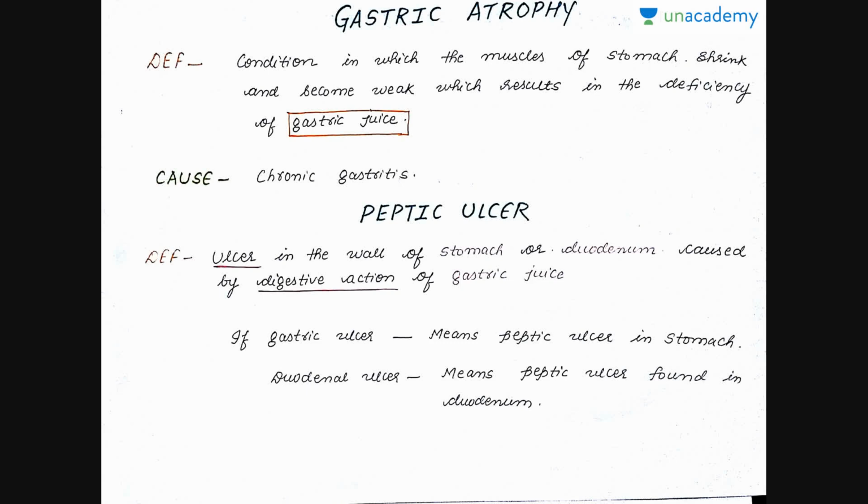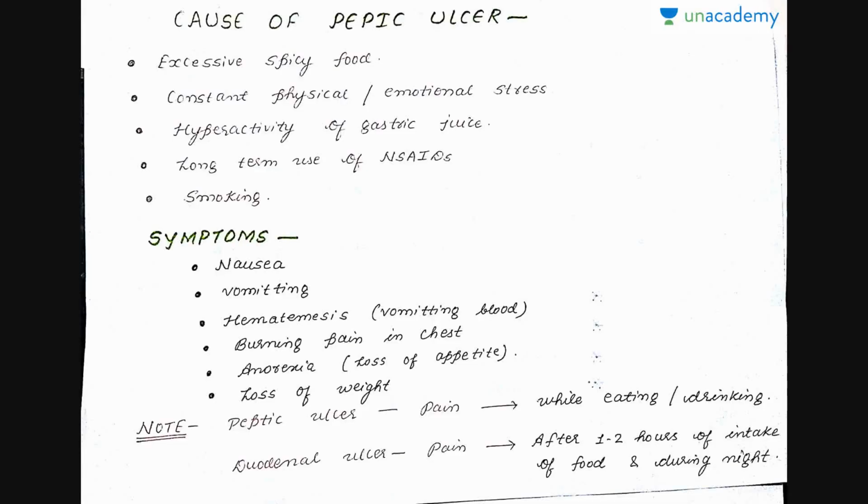So friends, what are the causes of peptic ulcer? Peptic ulcer can result in people who eat excessive spicy food, who have constant physical or emotional stress, hyperactivity of the gastric juice, long-term use of NSAIDs, and people who smoke.